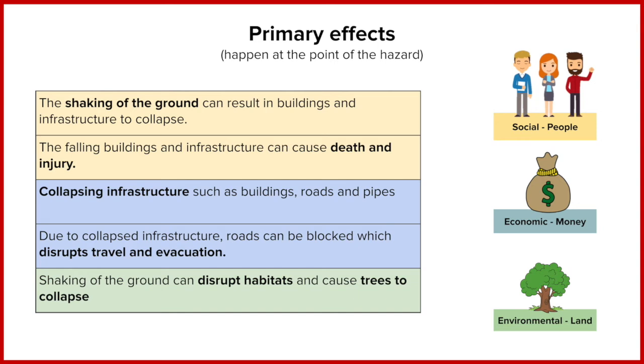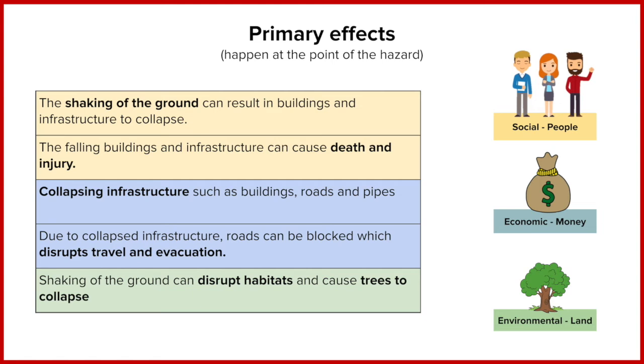The way people talk about this is, if you were in a field in the middle of nowhere, with no buildings whatsoever, no fences, just a flat field, and an earthquake happened there, would you die or be injured? No, you wouldn't, because the shaking of the ground is not going to do anything to you really. It might shock you a bit, you might fall over if it was really bad, but the likelihood of you being injured by that is almost non-existent.